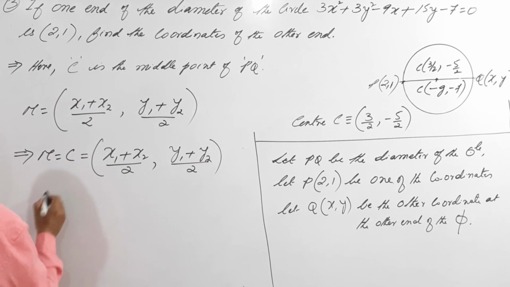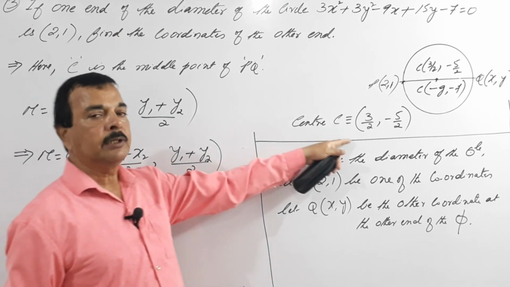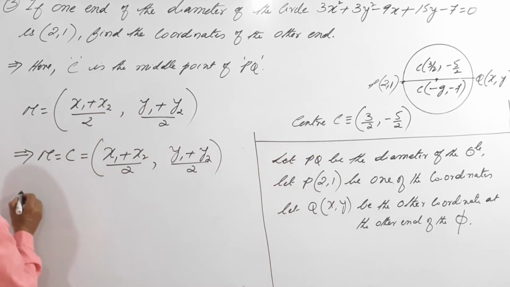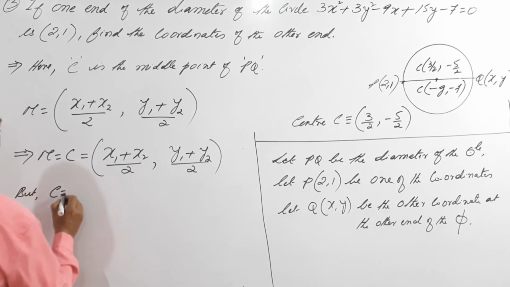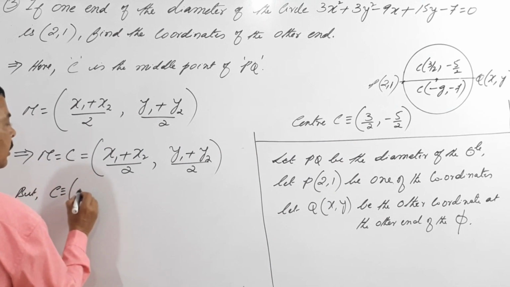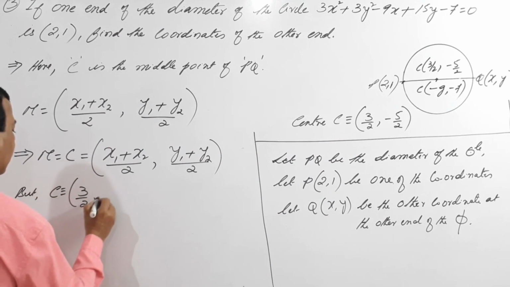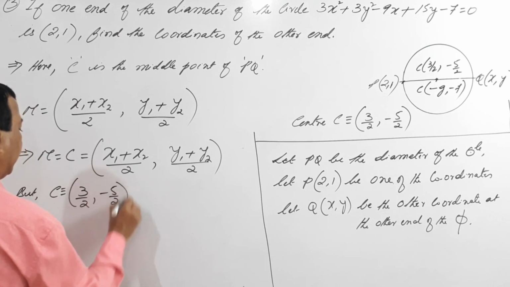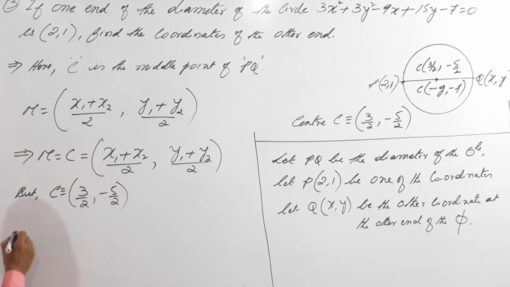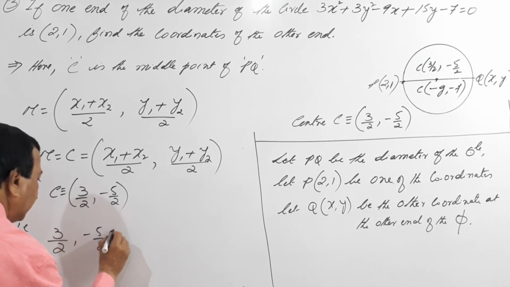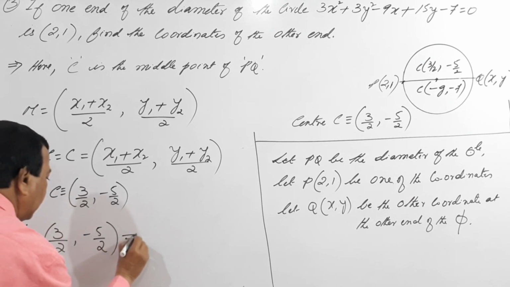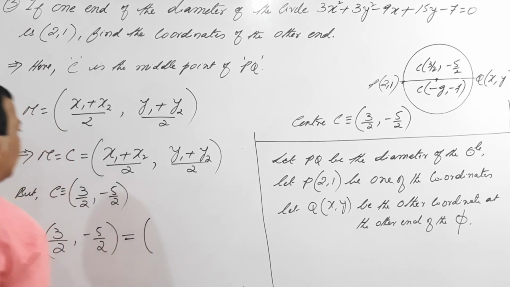So now, what is the value of C? C is 3 by 2 comma minus 5 by 2, correct? So I'll replace that. 3 by 2 comma minus 5 by 2 equals, what is x1?